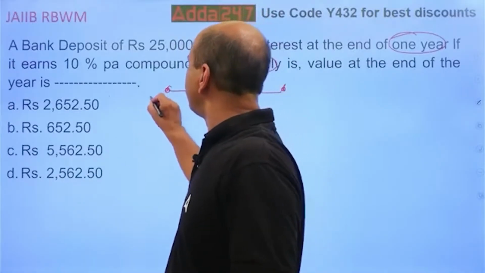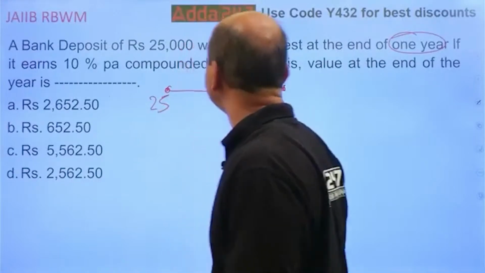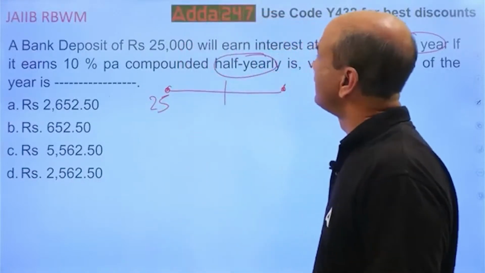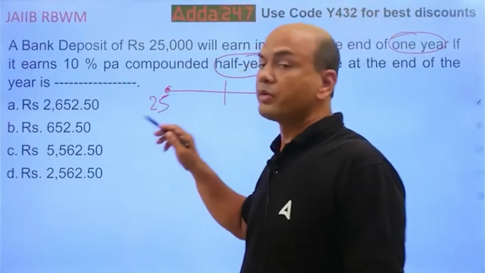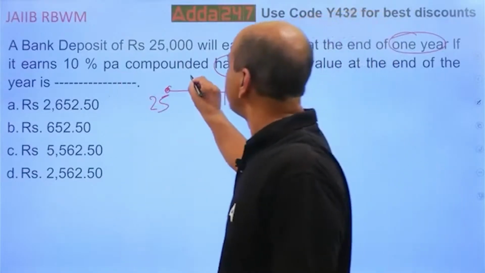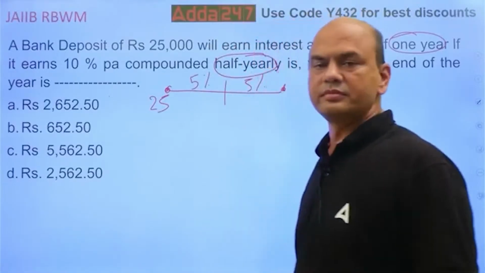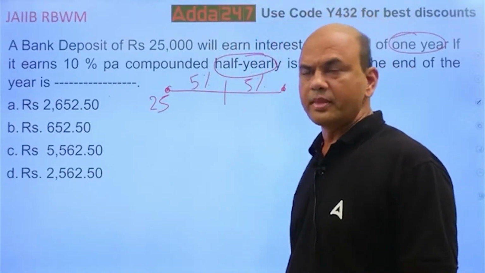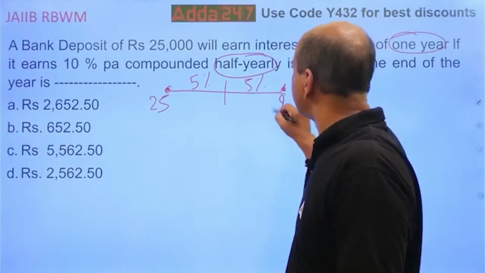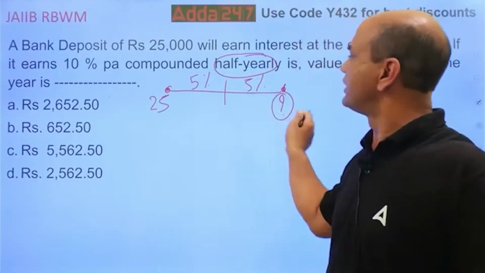Here P is 25k. The ROI is 10% per annum compounded half yearly, so here it will be 5% and here it will be 5%. You have to find out the amount at the end of the year.